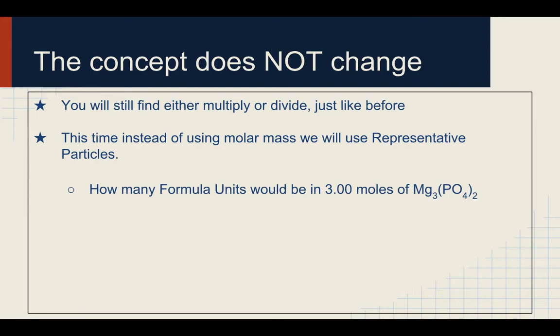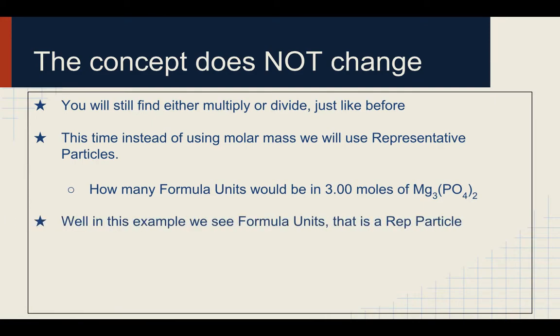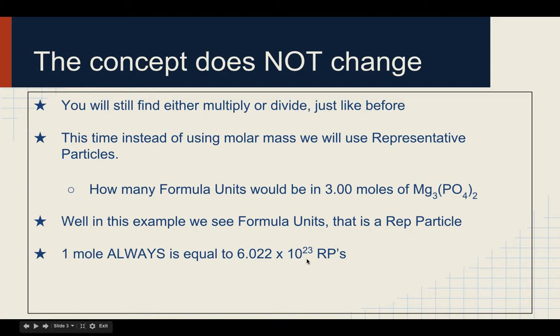But you don't need any of that, because all you are looking at is how many representative particles you have. So, in this example, we see formula units. That is the representative particle. So 1 mole is always equal to 6.022 times 10 to the 23rd representative particles, in this case formula units.